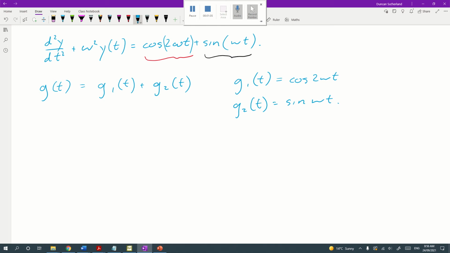All right. So what's going to happen is you're going to write the solution of this ODE as y of t equals y homogeneous solution plus y particular solution.